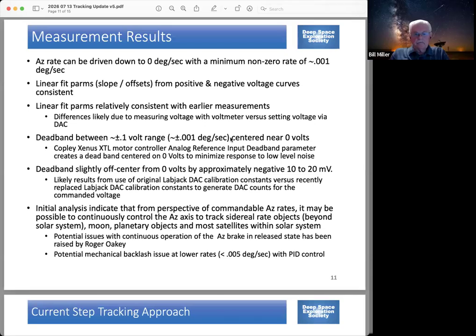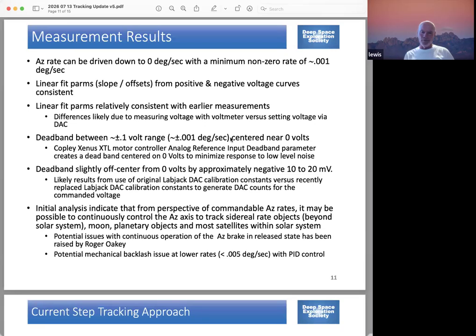So I think it's going to be a little erratic controlling rates that are below 0.005, and a fairly large amount of the sky at sidereal rates results in azimuth rates that are in that range.